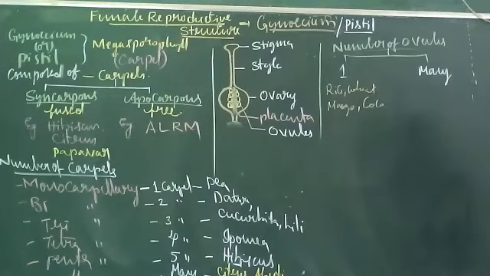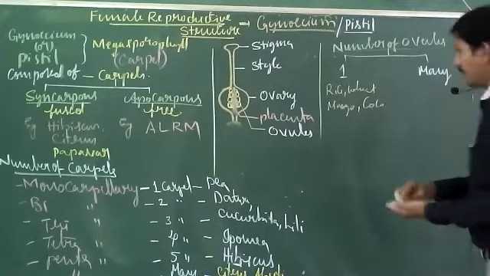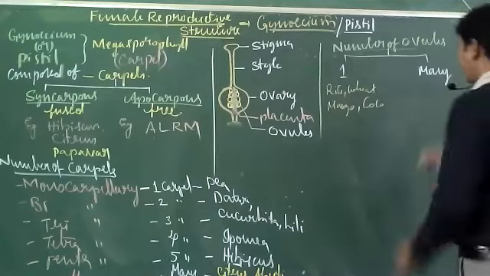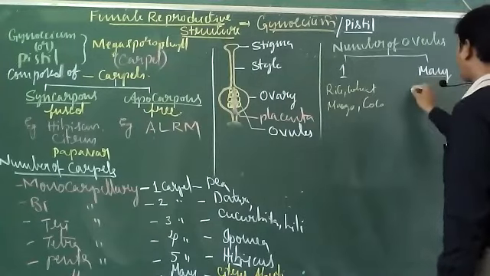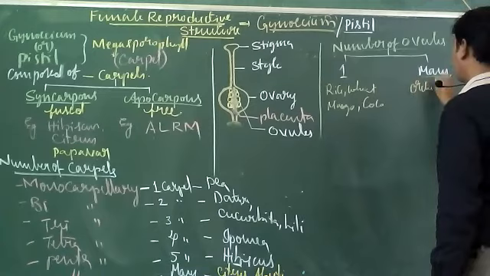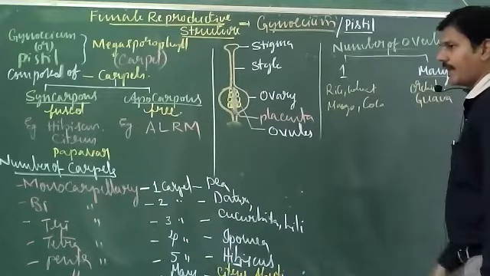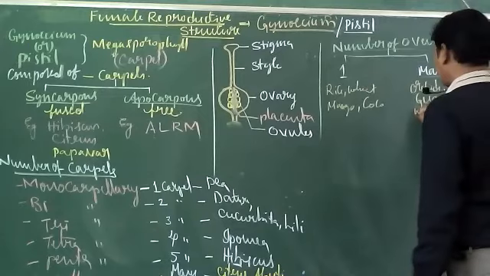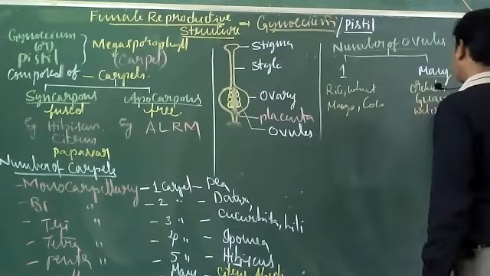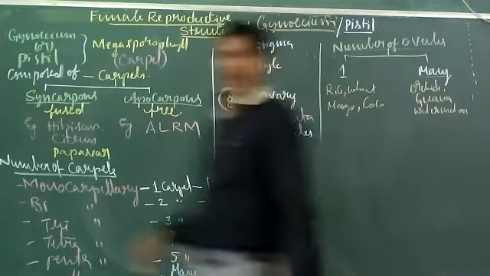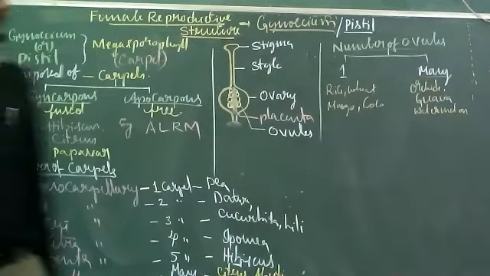Whereas here, many ovules are present. So when we see the examples here, orchids, Goa, and then watermelon. So many ovules are present.